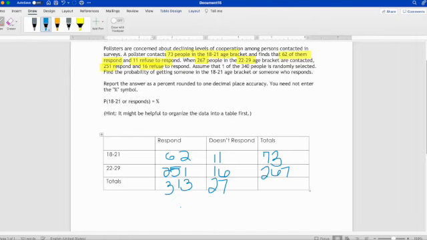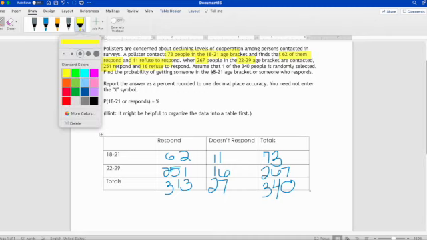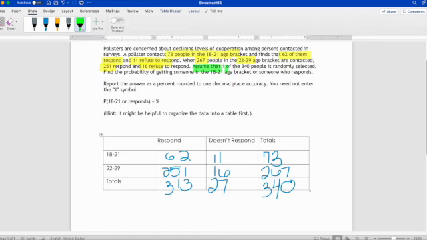And then if I add across this way to get the total of everybody in the sample, if I add this way in the column or across this way in the row, it should still add up to the same thing, which is 340. And we can check that by doing it both ways, but then we can also see, which is nice, that they give us that information in the problem where it says that one of the 340 people are selected.